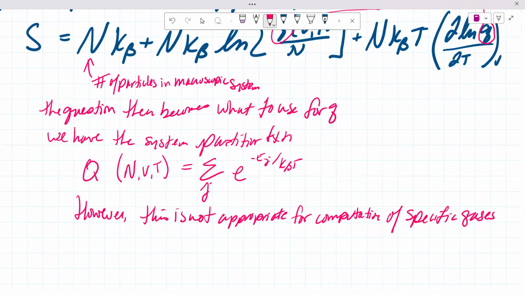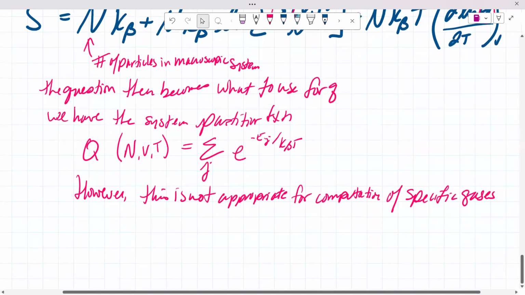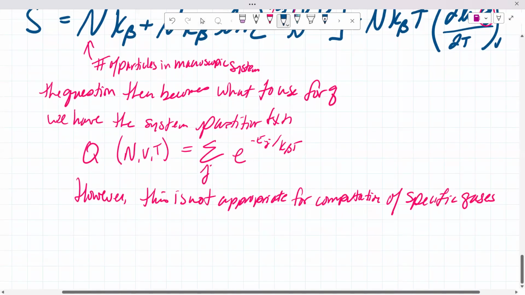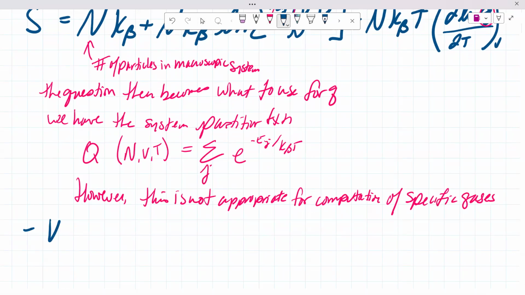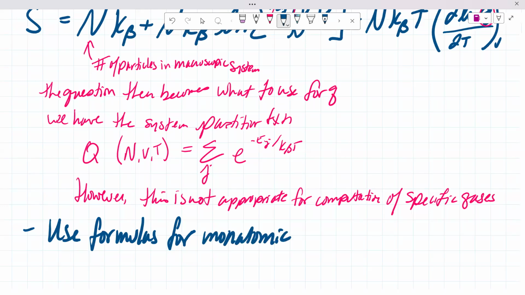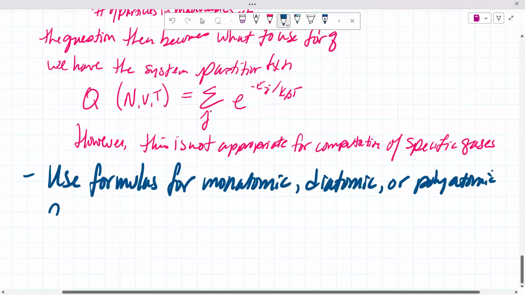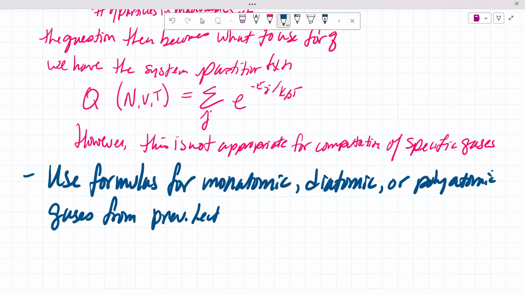So what we're going to do is make use of the formulas which we derived in the previous chapters for the monatomic, diatomic, or polyatomic gases from the previous lecture, to account for specific gases.